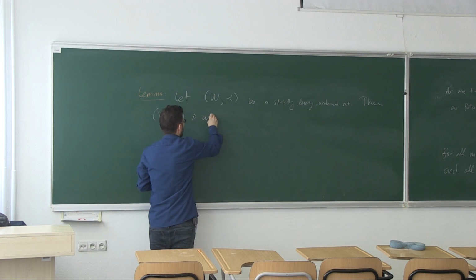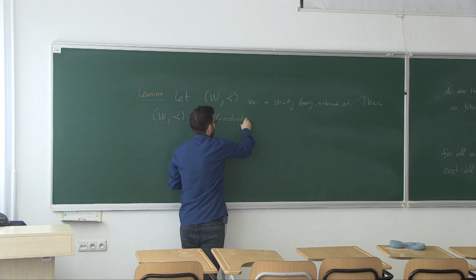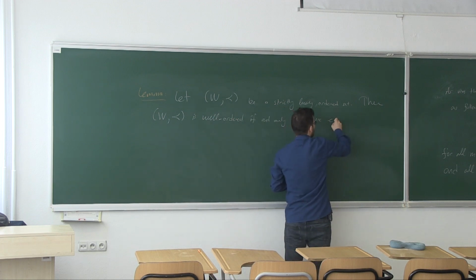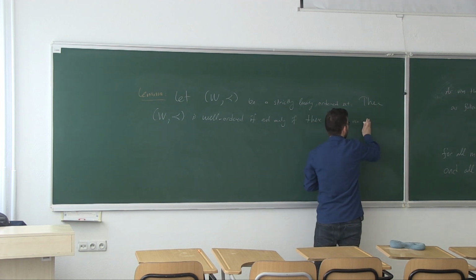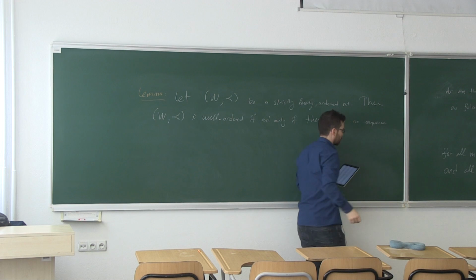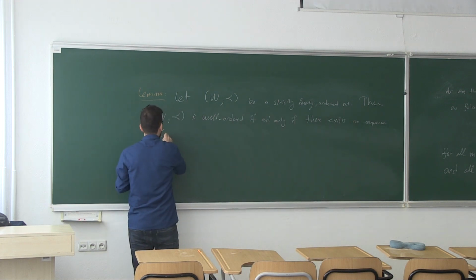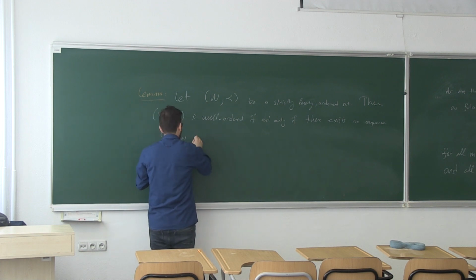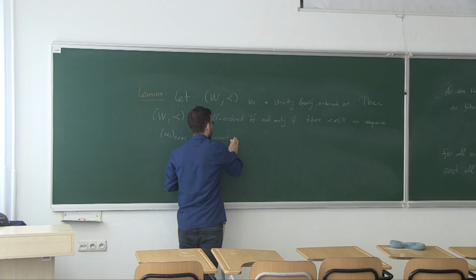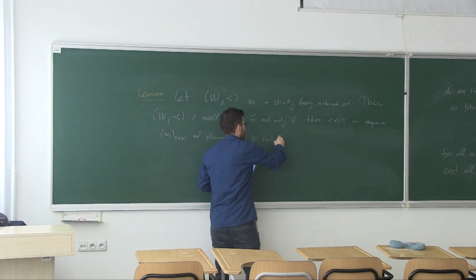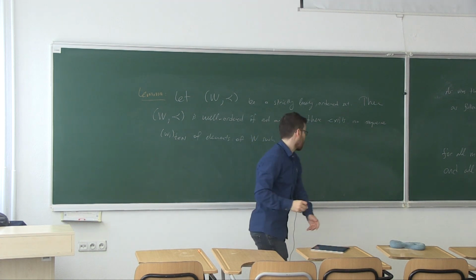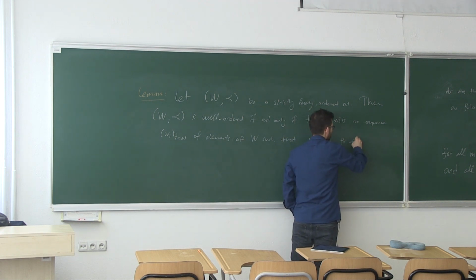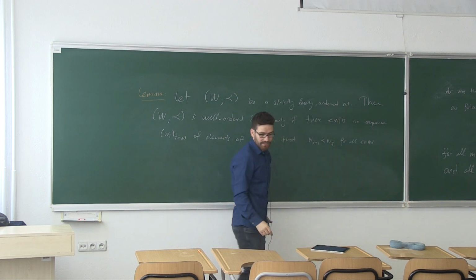This set is well-ordered if and only if there exists no sequence ω_i, i in ℕ, of elements of Ω such that ω_{i+1} is strictly less than ω_i for all i in ℕ. Now that's the statement.